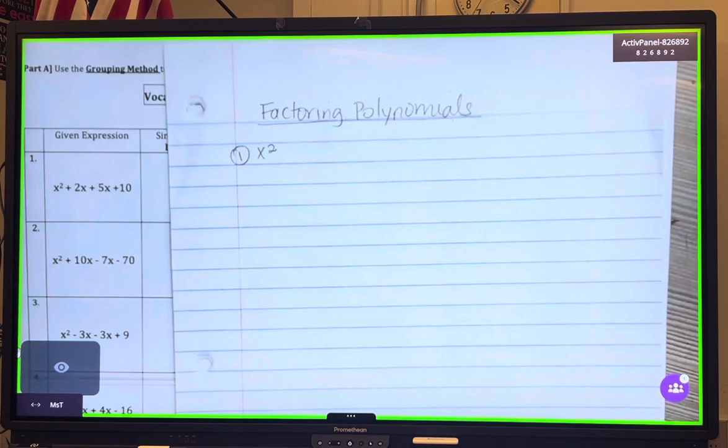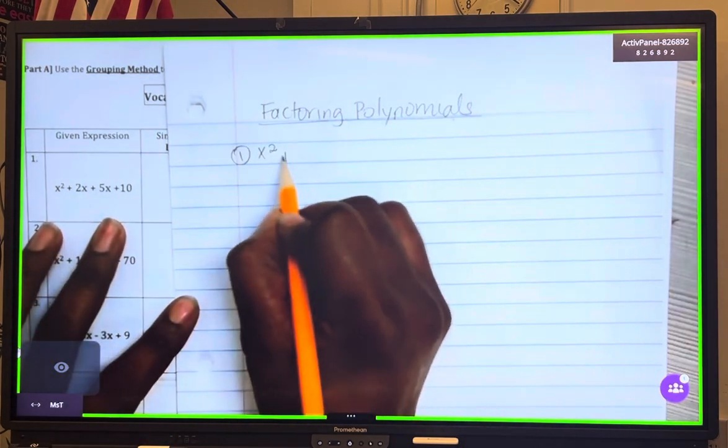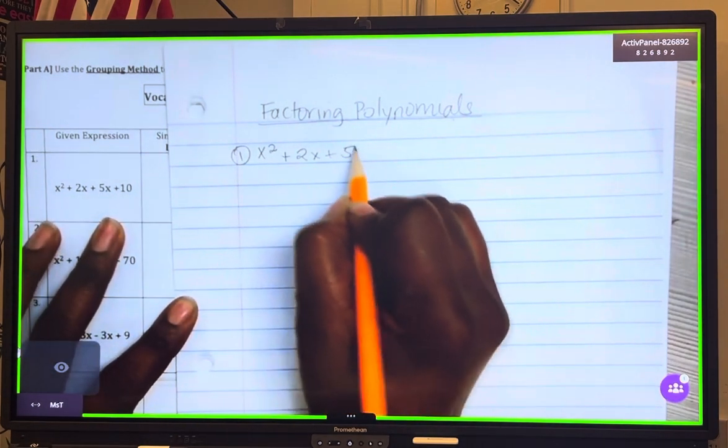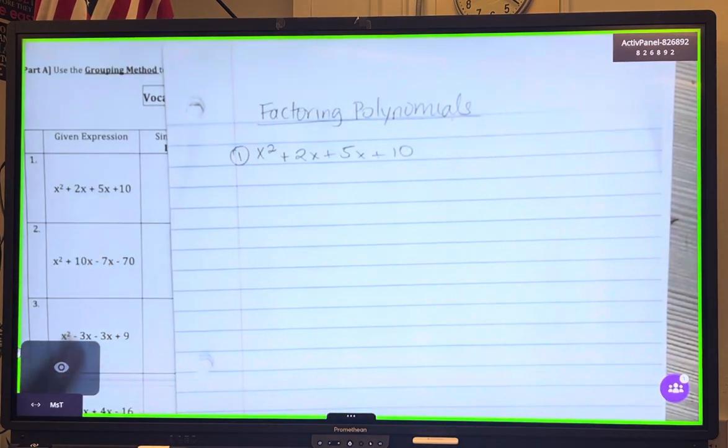Because this first one that we have, x squared plus 2x plus 5x plus 10, is this simplified? No. How do you know it's not simplified? Because you got like terms. So they're not going to ever give you an unsimplified one, not like this, not with 4 terms, right? But why am I giving you 4 terms? Because in a Punnett square, we got 4 boxes.